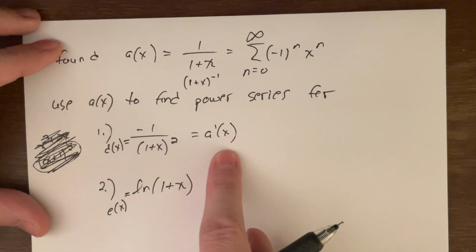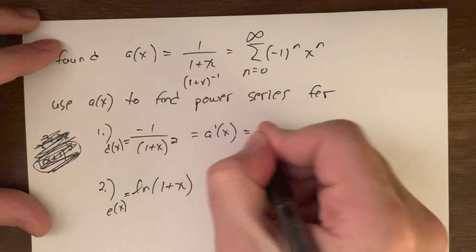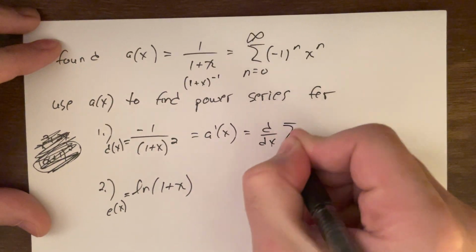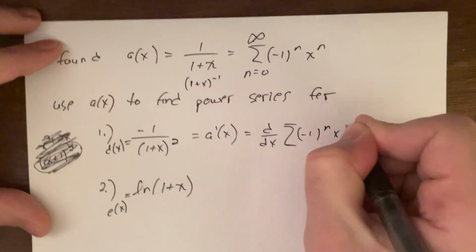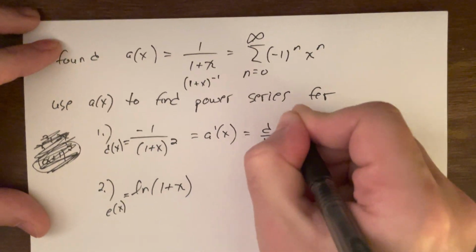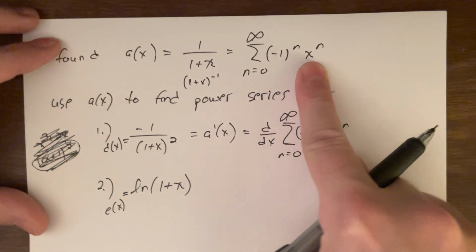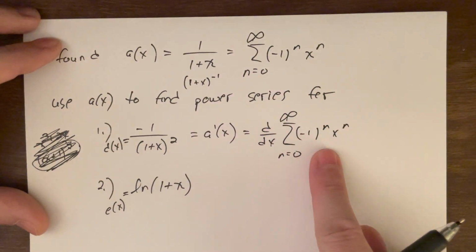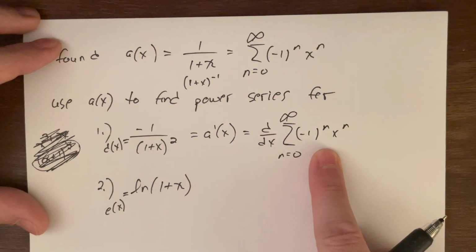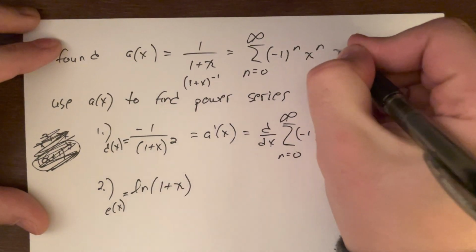So if d is the derivative of a, let's take the derivative of its power series. And this is where I keep saying, when you go to take the derivative, some people want to write out the terms.